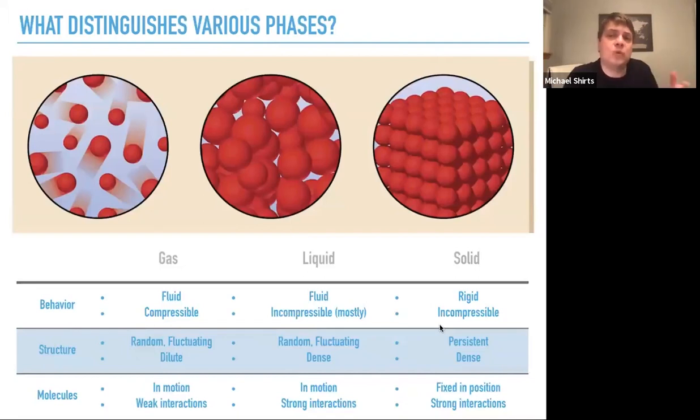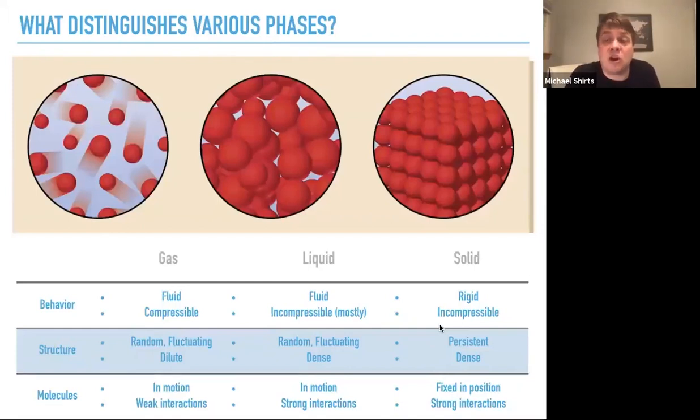And so that's really the major difference we see between different phases: the strength of the interactions between them. Gases, at a given temperature, will have relatively weak interactions, liquids will have larger strength, and solids will have very strong interactions between the molecules. There are a few other factors that are important, like the shape of the molecule and how well they can pack, but generally it just has to do with the intermolecular strength.